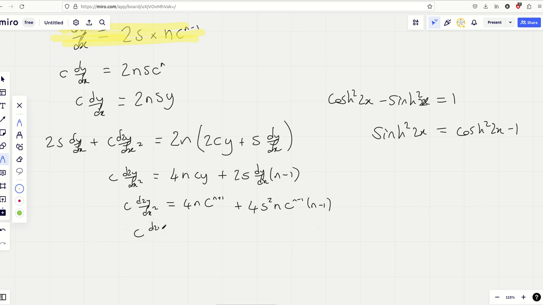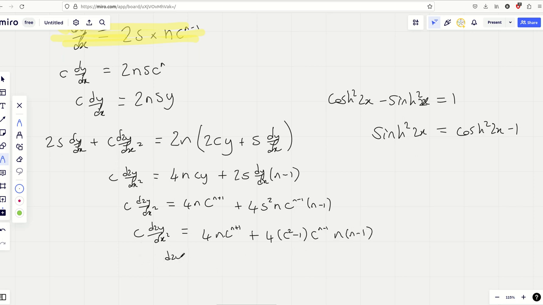So I've got c d2y by dx squared equals 4n c to the n plus 1 plus 4 times c squared minus 1, and then I'm timesing it by c to the n minus 1, and I'm also timesing it by n times n minus 1. Okay, bit of tidying up.